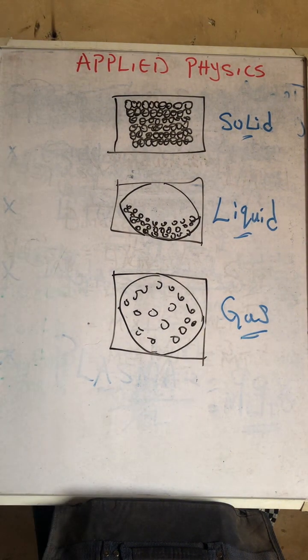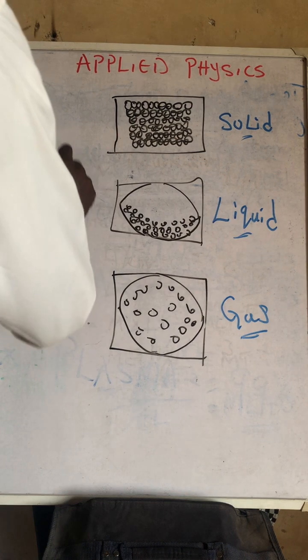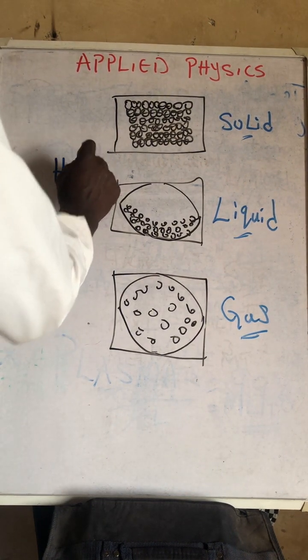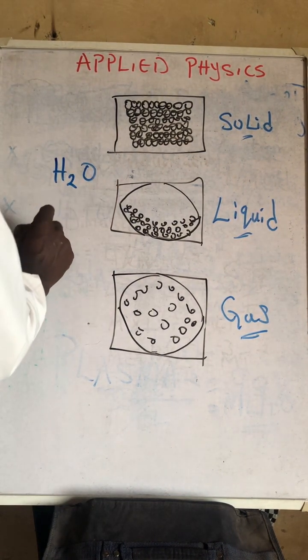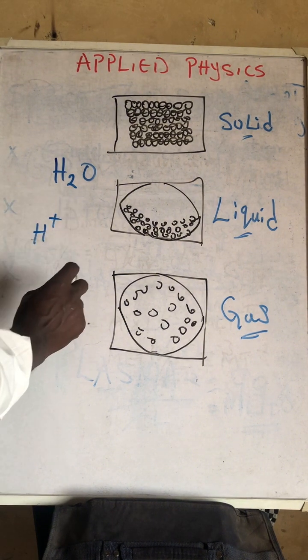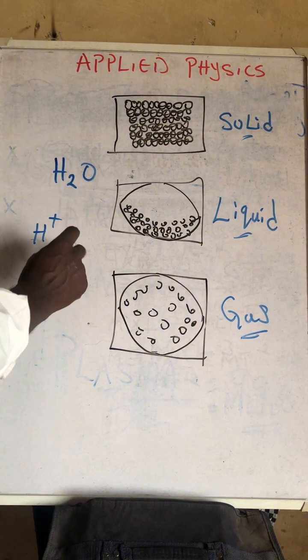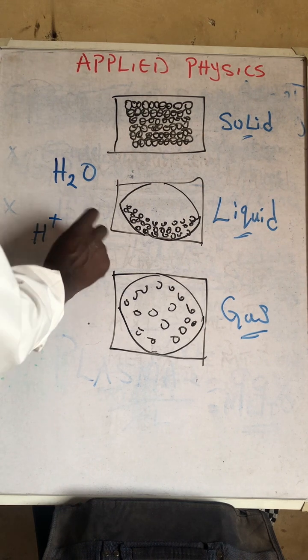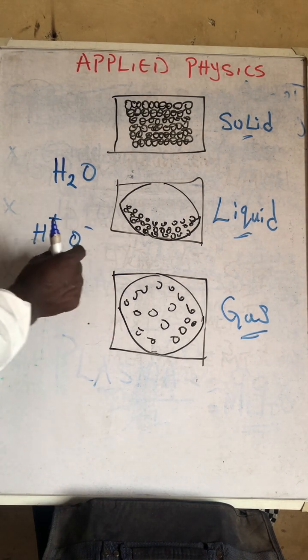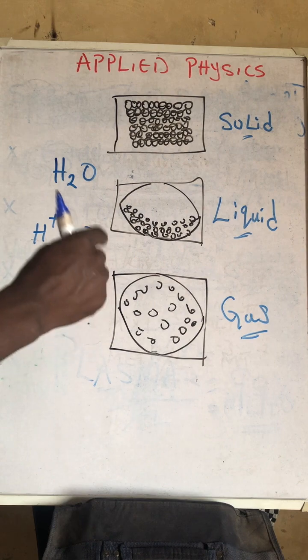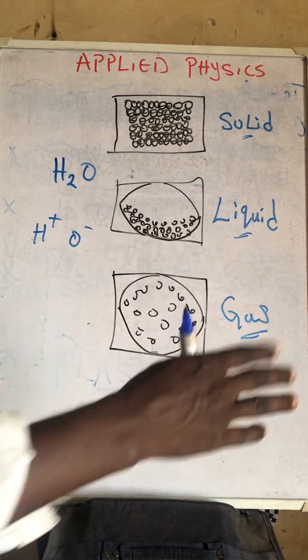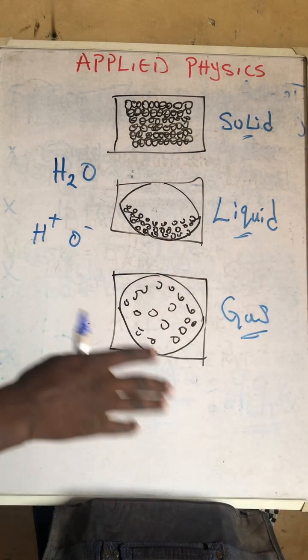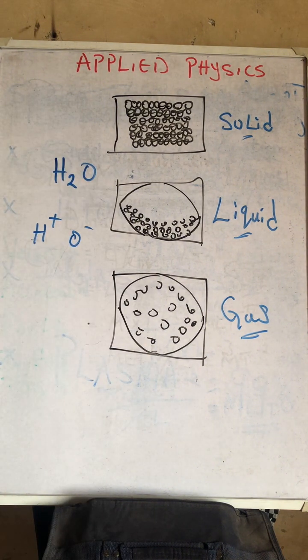Water is H2O, hydrogen ions combining with oxygen ion, coming together to form water. But in a plasma state of matter, all the ions are free. So there's no combination.